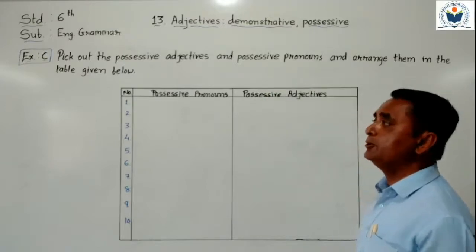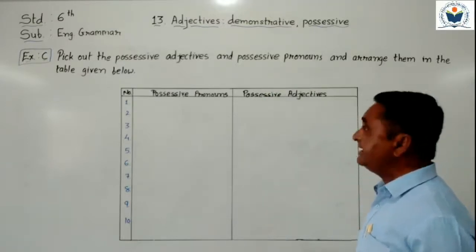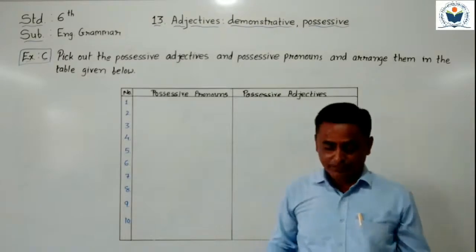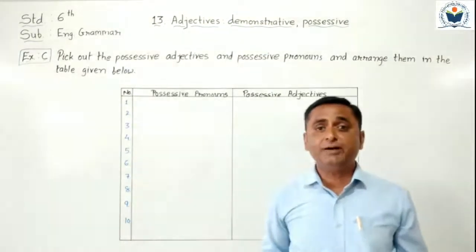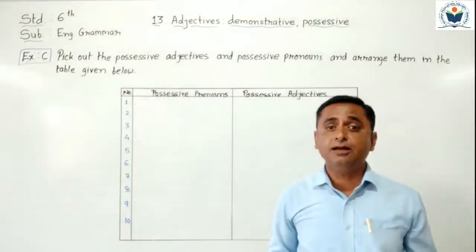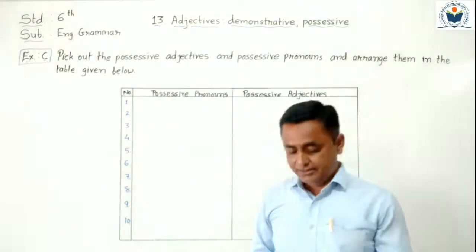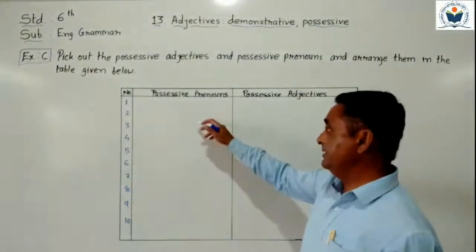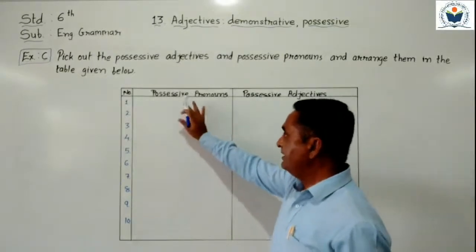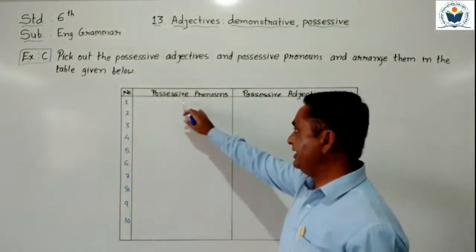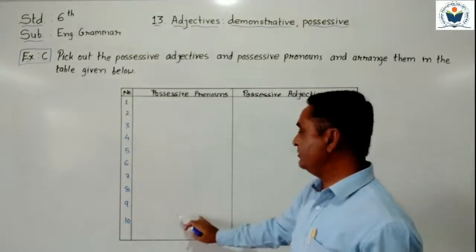Here in your textbook, 10 sentences are given. From those sentences we have to find out the possessive adjectives and possessive pronouns and write them in the table given below. On the left side, we have to make a list of possessive pronouns.